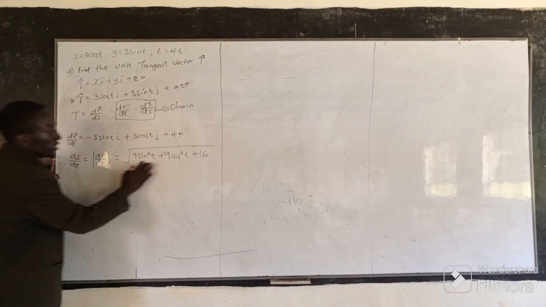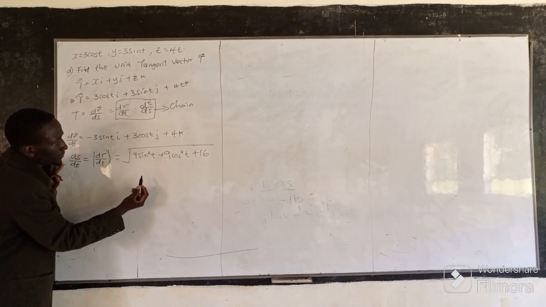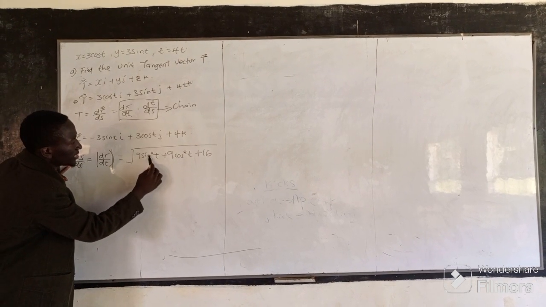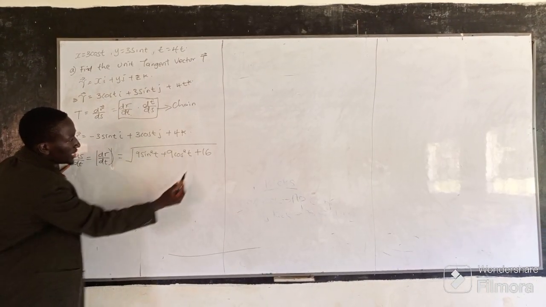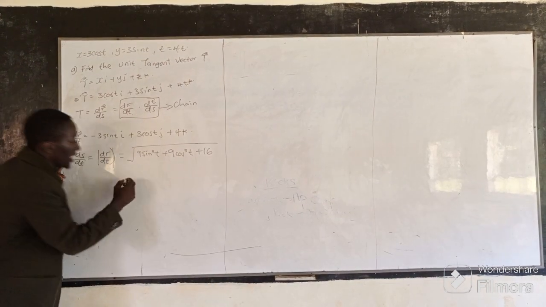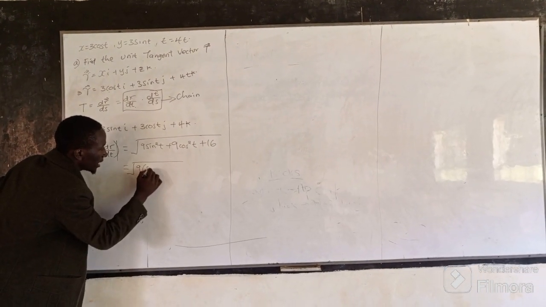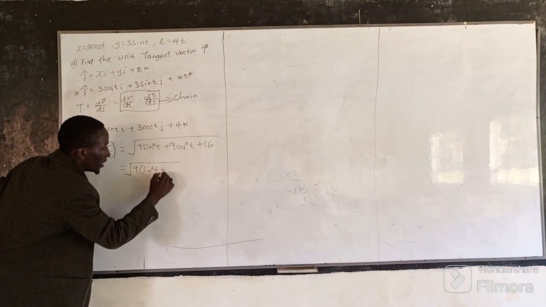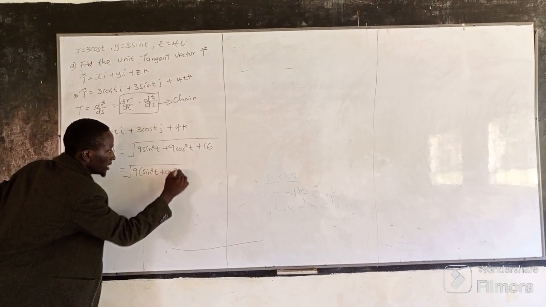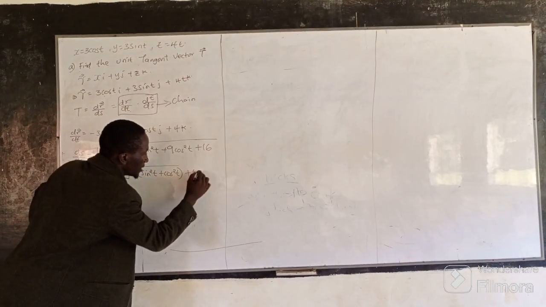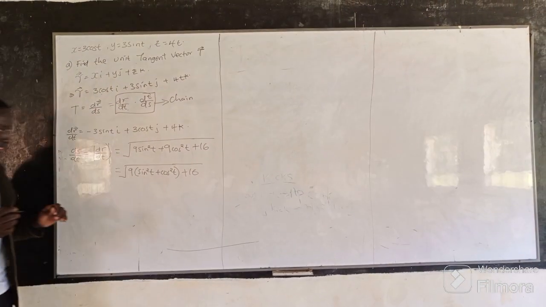Now, finding the square root of this function, I can factor out and have the square root of 9 into sin squared t plus cos squared t, then I close the bracket plus 16. It is still under the square root.